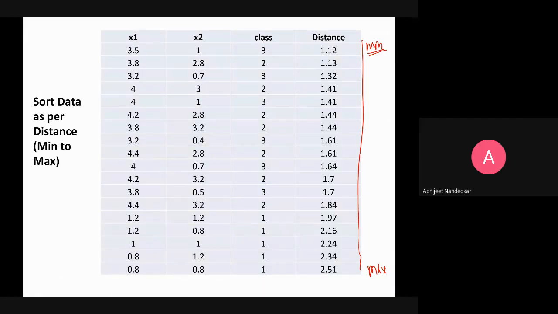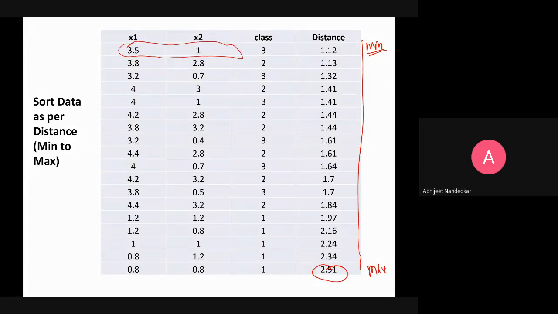Don't forget to write proper labels for each class, so that you maintain them. So 0.8 was belonging to class 1, so write the proper label in this column, but you have to sort this as per distance. This is the farthest point from 3 2, and this is the closest one.